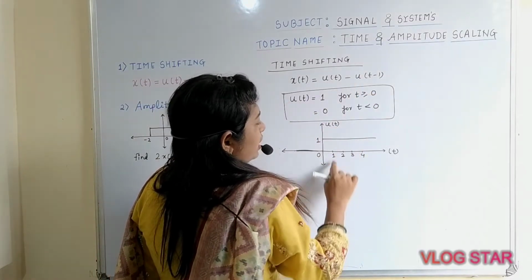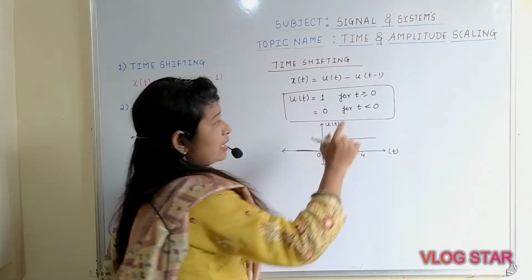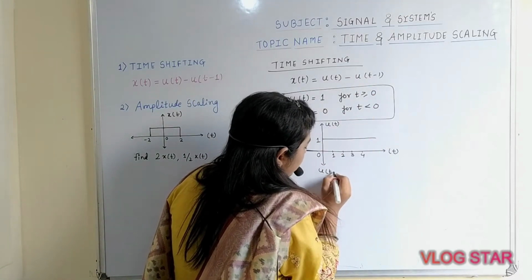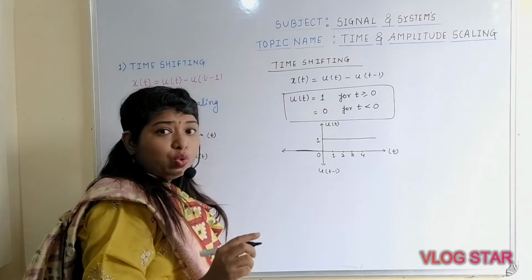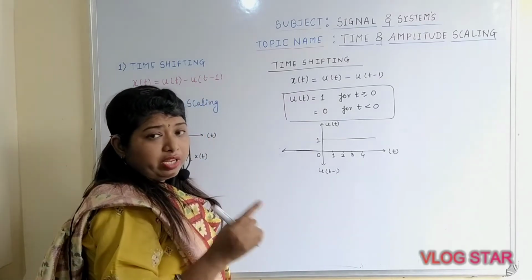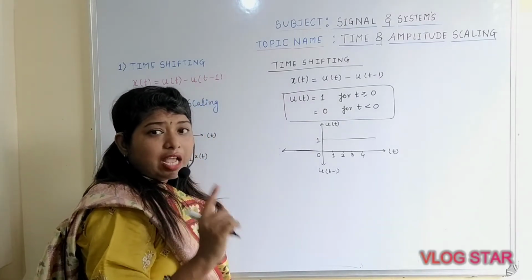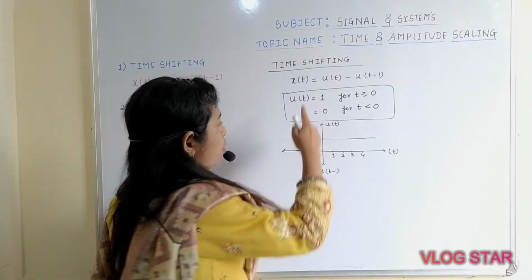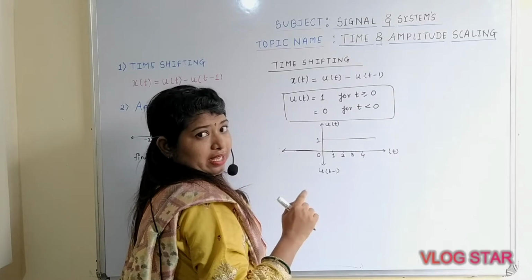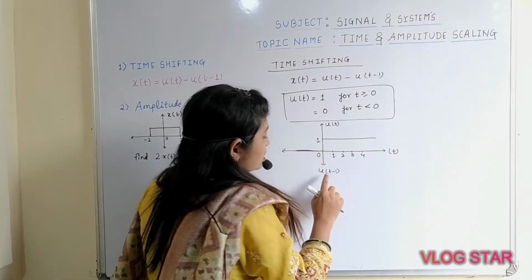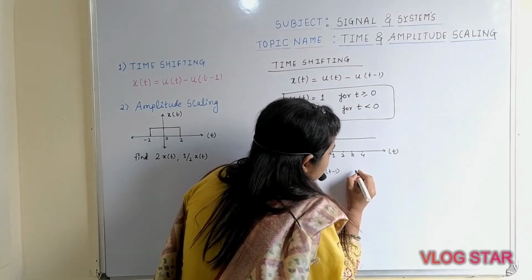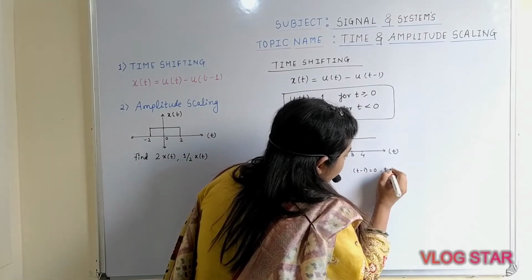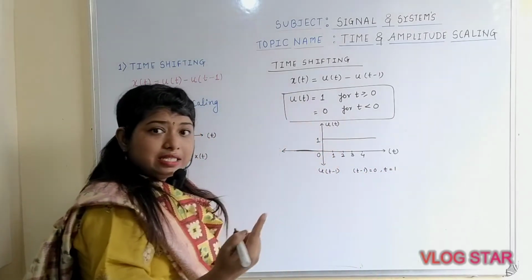Now this is a given signal, that is u of t. Now, as per this signal, u of t minus 1. Please pay attention over here to how to perform the time shifting. As I told you, if it is time shifting, you have to shift the time axis, not the y-axis. Simply this is t minus 1. Let's consider t minus 1 is equal to 0. So what would be the value of t? T is equal to 1.